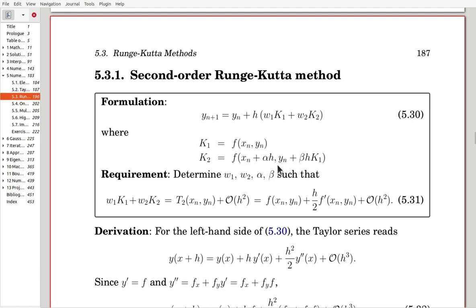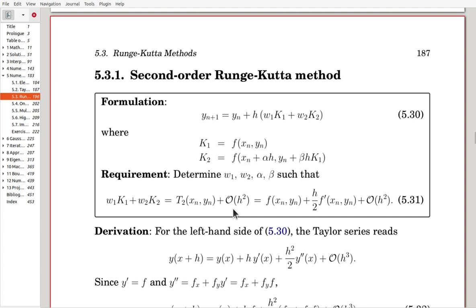And now the y value is predicted by using the Euler method. So the requirement is that we have to decide w1, w2, the weights, and alpha and beta, such that this weighted average is the same as T sub 2, with error of order h squared.